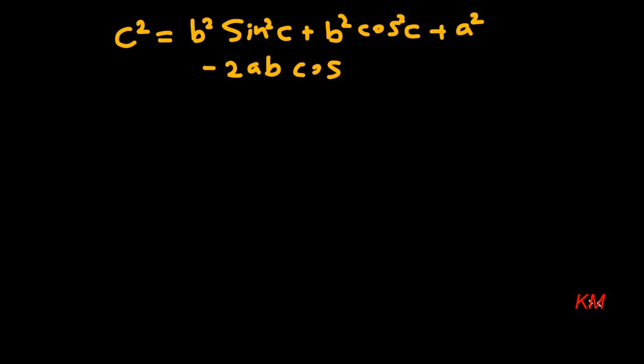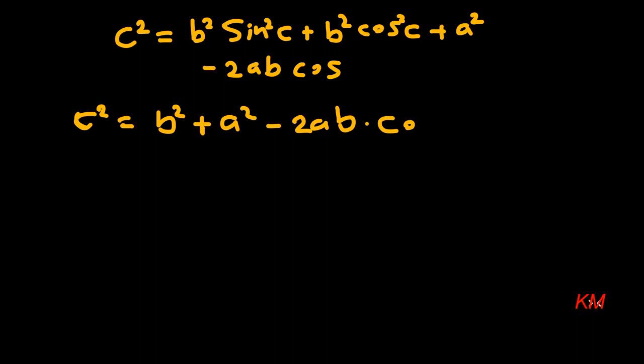So c square equals b square plus a square minus 2ab cos C, because we know guys sin square C plus cos square C equals 1.